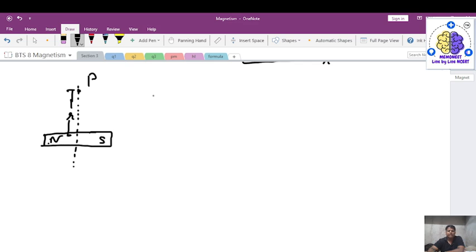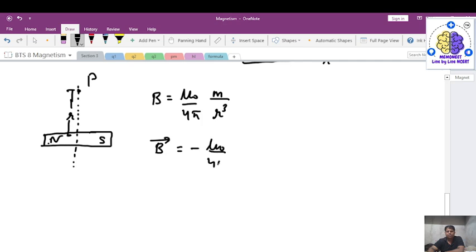Then the magnetic field intensity at P is given as B equals mu naught upon 4 pi into m upon r cube. Writing it in vector form to mention the direction, B vector equals minus mu naught upon 4 pi into m vector upon r cube.